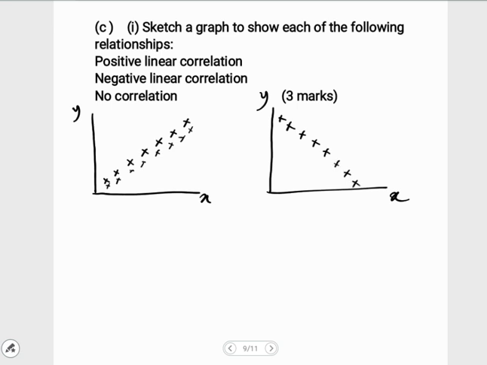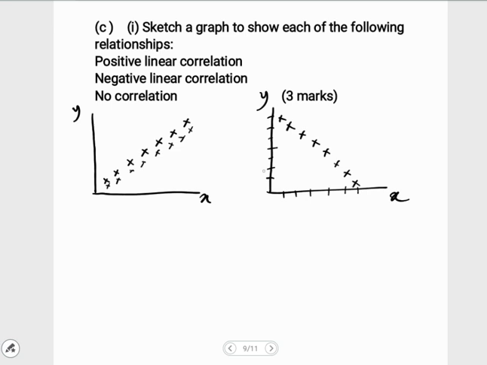Let's assume we have all these dots corresponding to points on the axes, and we can locate each of them.